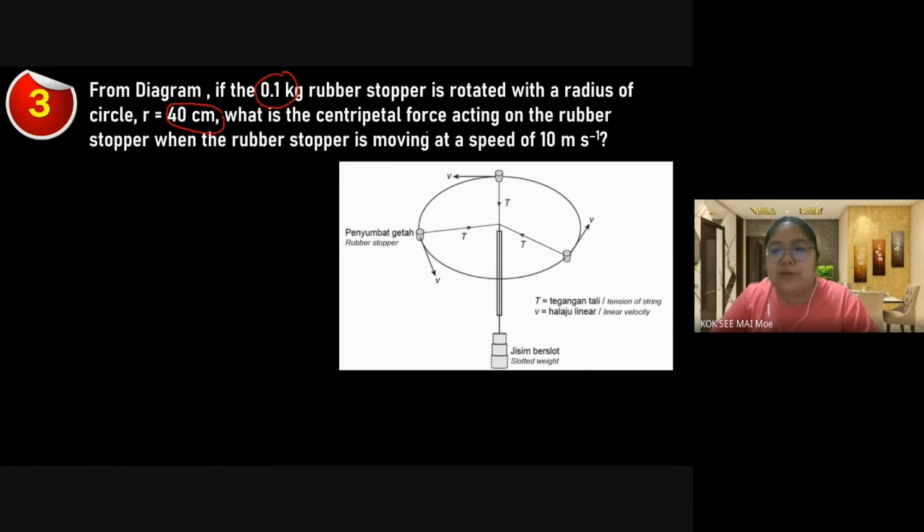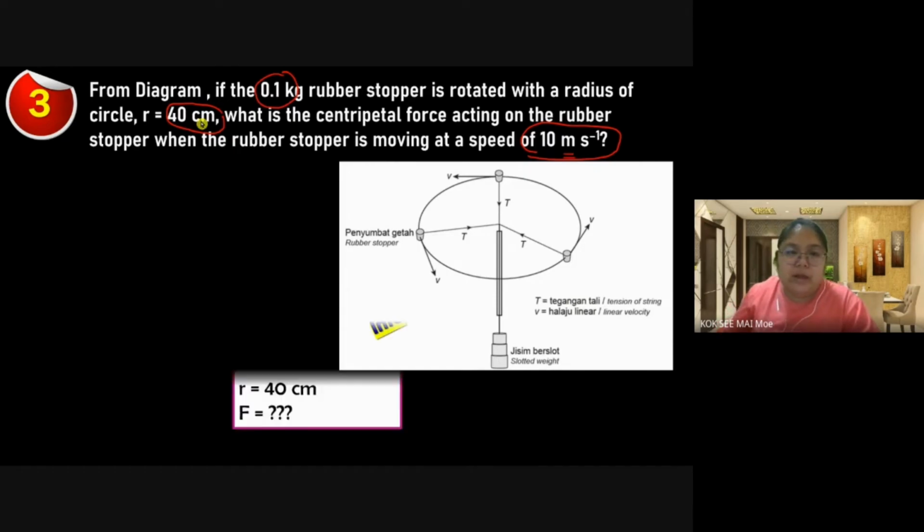What is the centripetal force acting on the rubber stopper when it moves with the speed? The speed is in meters, so later you need to change the radius to become meters.